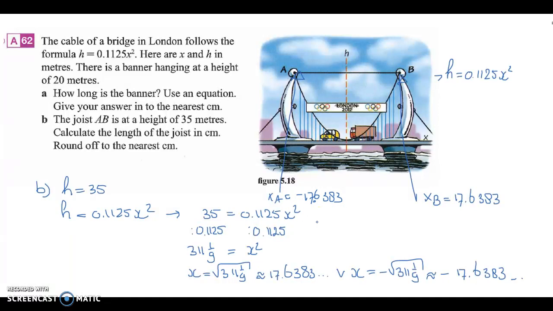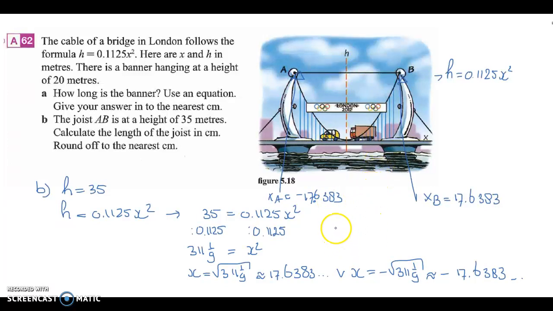They want us to calculate the length of the joist. That means, again, as we did in A, we have to double this value, because from here to the h-axis it's 17.6383 meters, and from the h-axis to point B it's the same distance again.